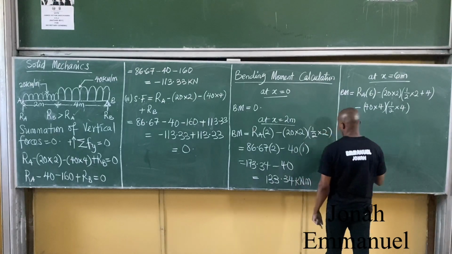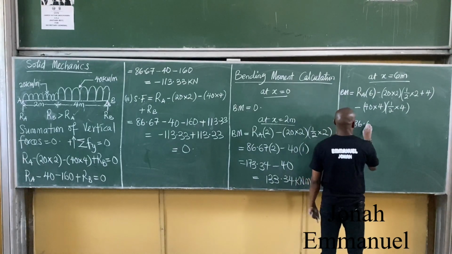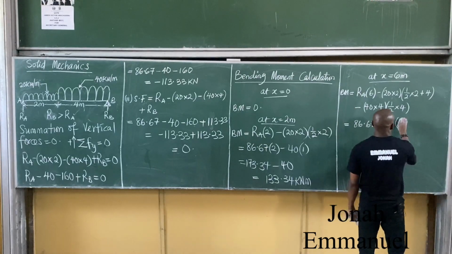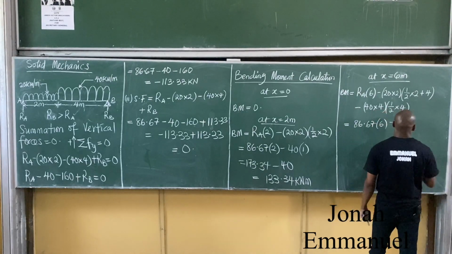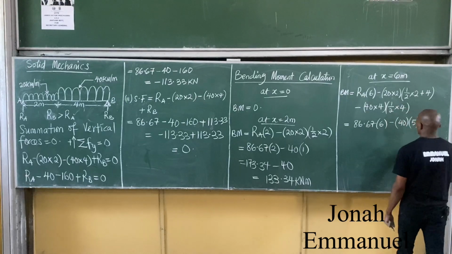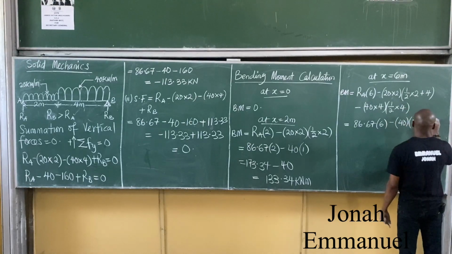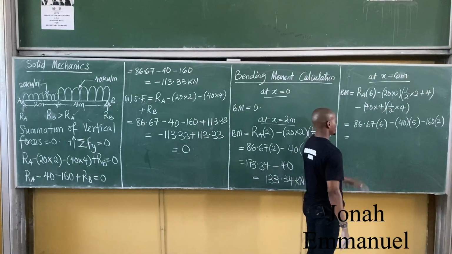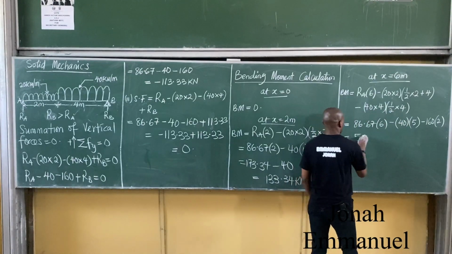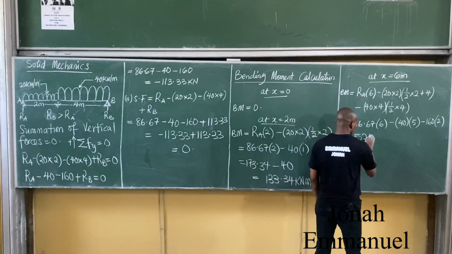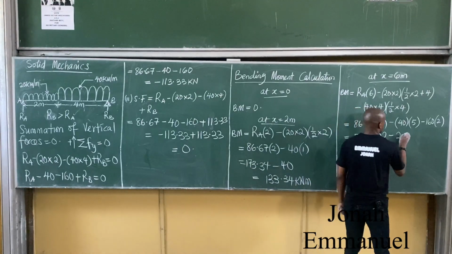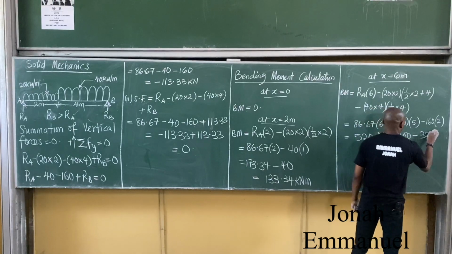This now gives you 86.67 times 6 minus 40 into 5 minus 160 into 2. This value is 520.02 minus 200 minus what there? 320.